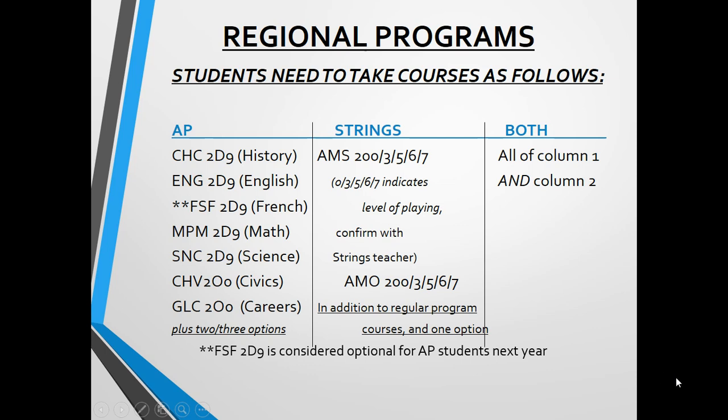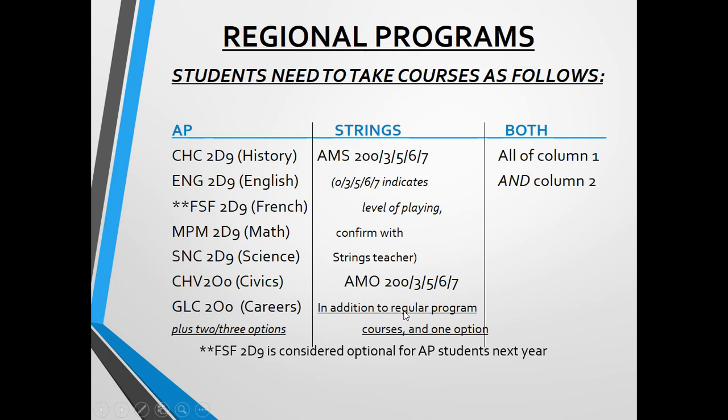Again, we recommend you talk to your strings teacher to determine what would probably at this point in time be the best option. Things could change between now and June, but they tend to stay pretty consistent. If you're doing both AP and strings, then you need to check off both column AP and strings column.